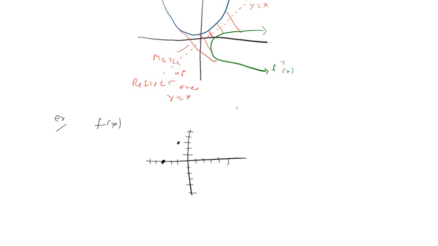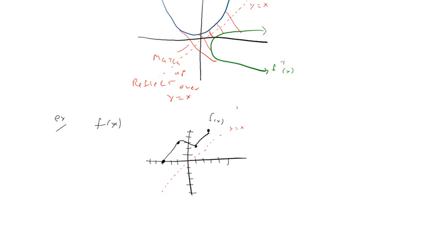So my graph goes something like this. That's f. There's my graph f of x. What does the inverse look like? Here's my line y equals x. What does my inverse look like?